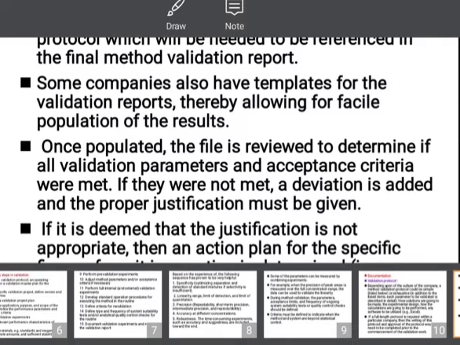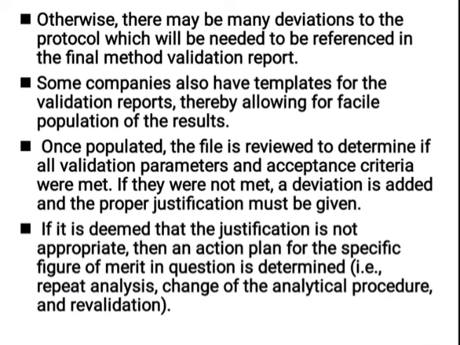Suppose this procedure is approved, then you have to use this procedure as a validation protocol. If the protocol is not validated, or some corrections are needed, you have to check the parameters which are not correct or not met with the written parameters, then some new parameters will be added or changed, and there can be some deviations, as a positive deviation or negative deviation.